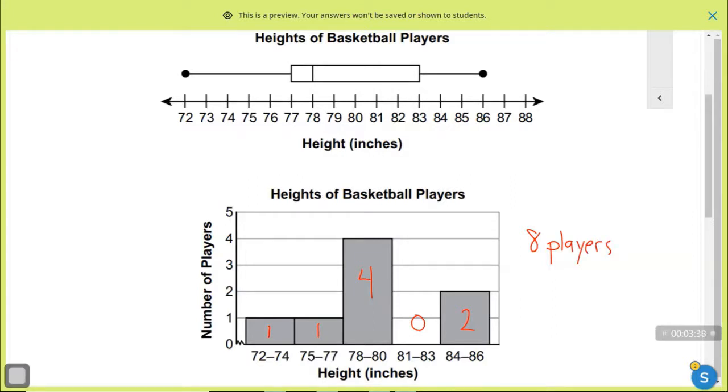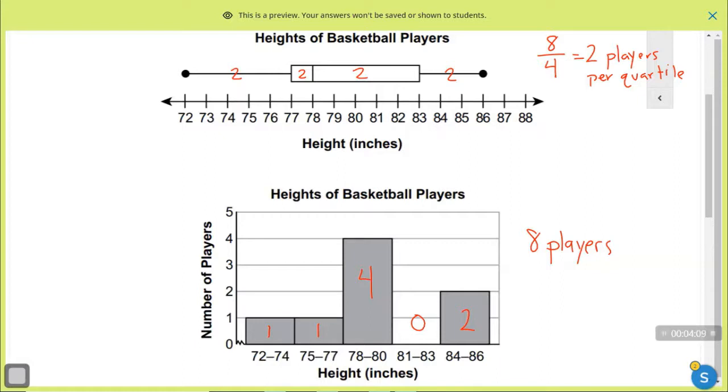Our box and whisker plot takes that total of 8 players and divides it into 4 sections, each of our 4 quartiles, finding that there are 2 players per quartile. All right, that means that there's going to be 2 here, 2 here, 2 here, and 2 here. Now, we know some of this information right off the bat.